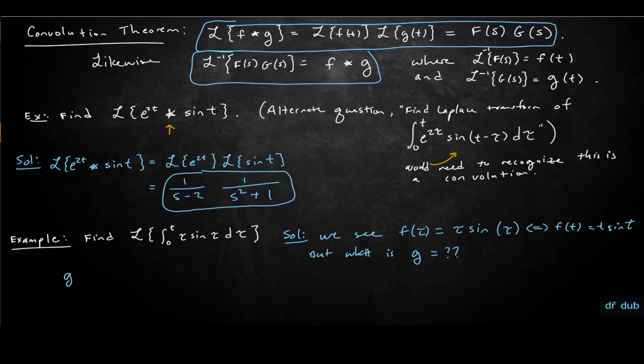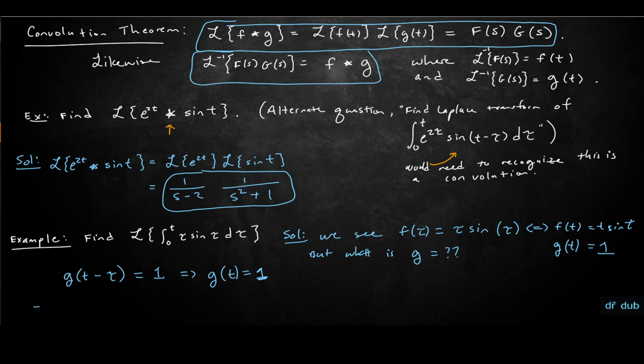So g of t minus tau equals 1, that's right. Which would mean that g of t would also be 1, because if I shift it, nothing's going to change. So that's right, g of t is really just 1. So g of t is 1, f of t is t sine t.